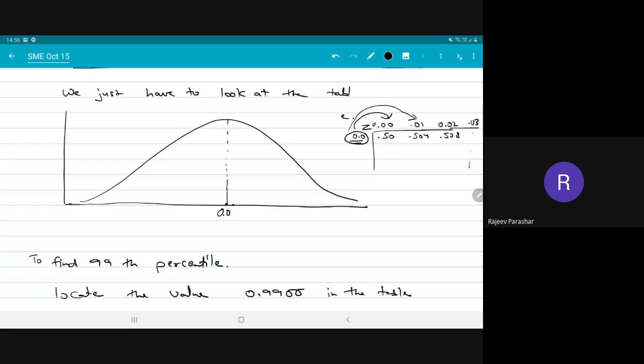Here you have 0.9901. Can you locate it?